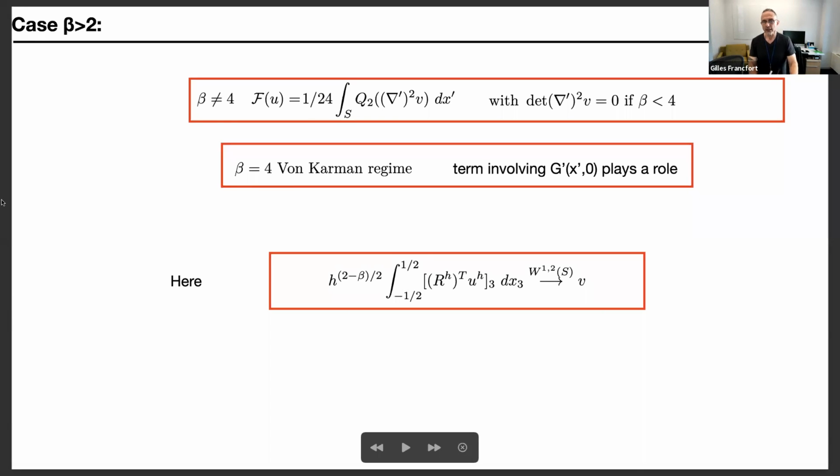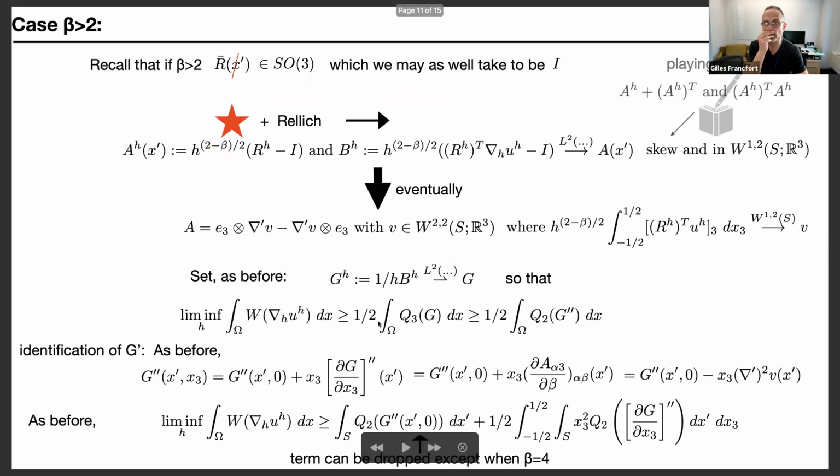So the limit kinematics is a bit different. It involves a field V, which is a limit. I wrote it here, but it's lost. It's in the middle of this slide.